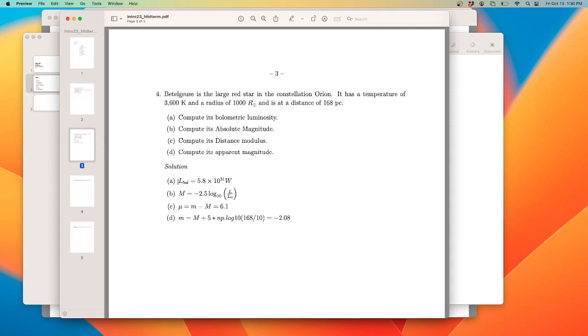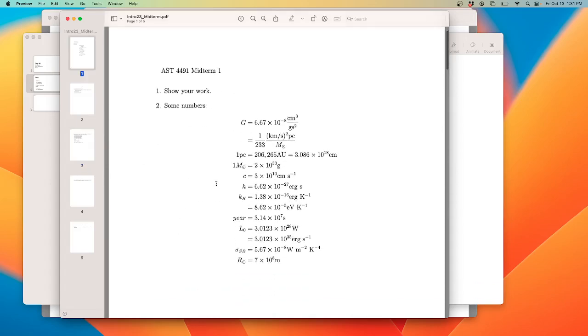In 2015, the International Astronomical Union, the IAU, the people who really decide all this stuff, said that for a bolometric magnitude equal to 0, the luminosity is 3.01 times 10 to the 28 watts.